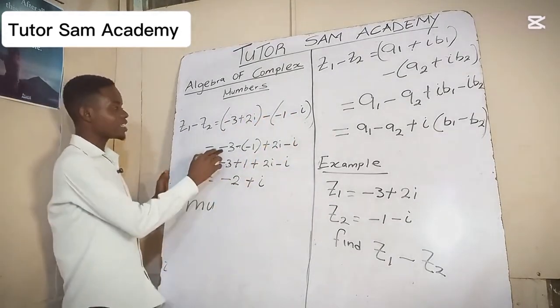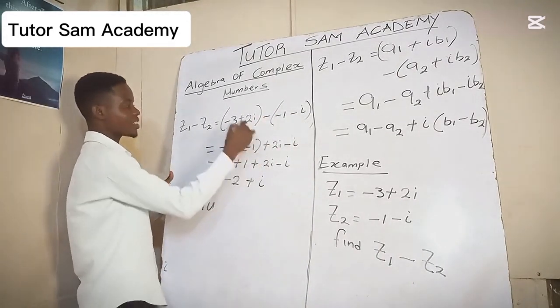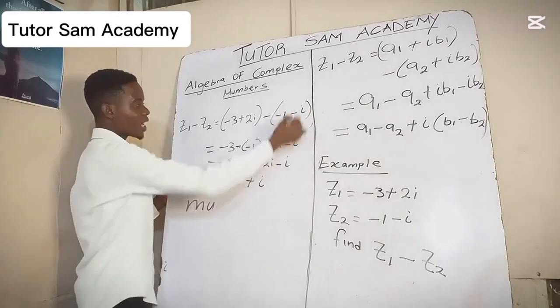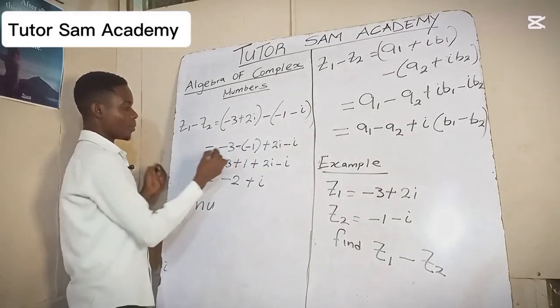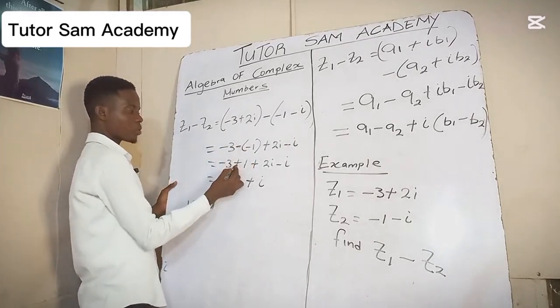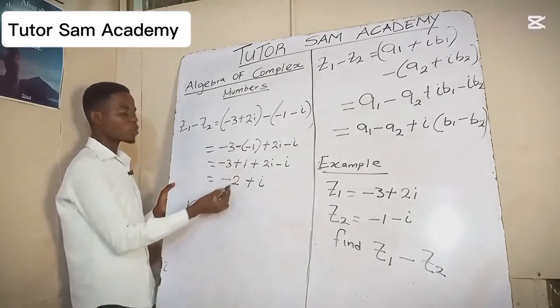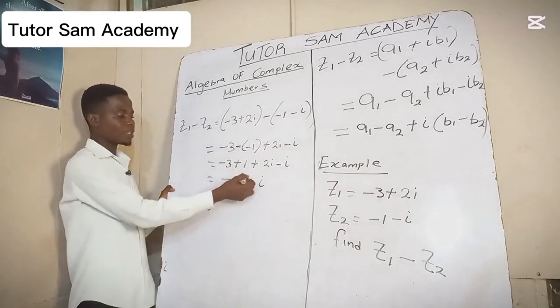So the real part is minus 3 minus 1, then the imaginary part is 2i minus I. Minus times minus gives us plus, so plus 1. So minus 3 plus 1 gives us minus 2. I explained earlier. Then plus what?